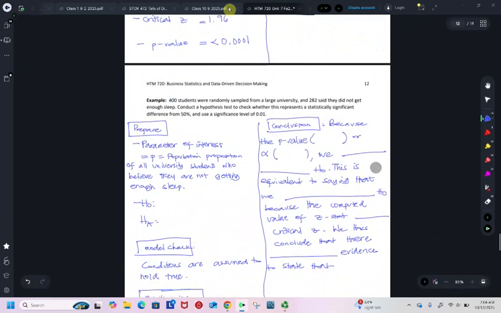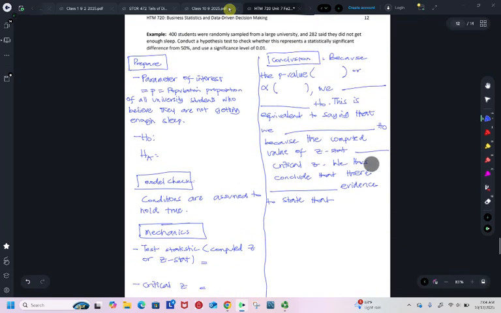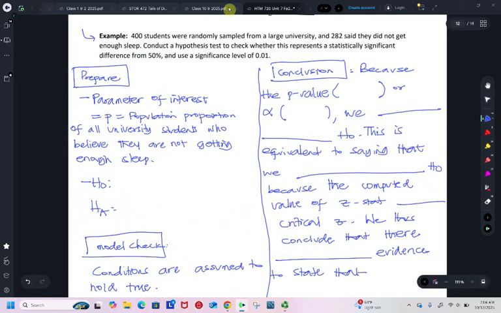All right, let's look at another final example in this regard before we talk about other aspects of hypothesis testing. In this example, we are told that 400 students were randomly sampled from a large university, and 282 said they did not get enough sleep.